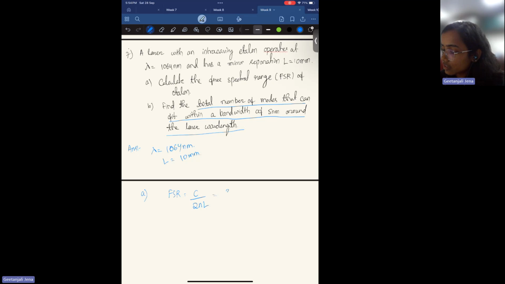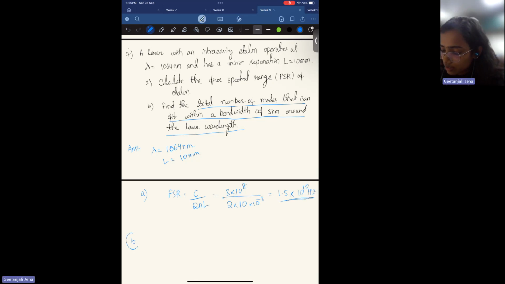So that means it is 3 into 10 to the power 8 divided by 2 times n, which is not given, so we can take it as 1, and L is 10 millimeter, which is 10 into 10 to the minus 3. So that means the FSR you get is 1.5 into 10 to the power 10 hertz. So this is the FSR.